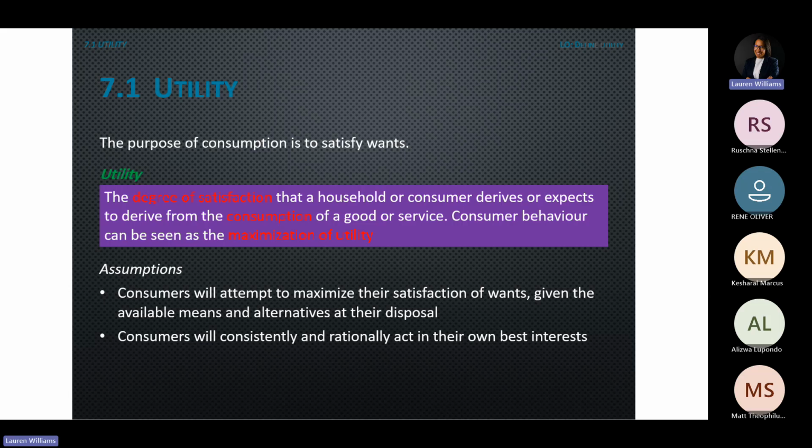You are instinctively not going to purchase a product if there isn't the possibility of you maximizing your level of satisfaction. I usually tell the students, think of it like this: the weather's turning a little bit on our end at this point in Gauteng, getting colder, and we're running more towards the caffeines, your coffees and your teas of the world.